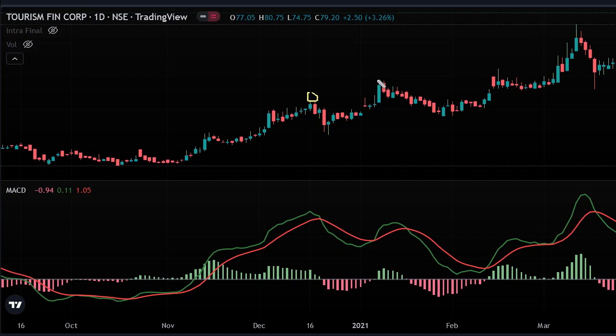As you can see, there is a higher high at the price, and also there is a higher high at the MACD, but the line is going up in price and the line is going down in the MACD indicator, which shows there is a lack of strength in price, and it is telling us before it happens that we may get a downtrend.